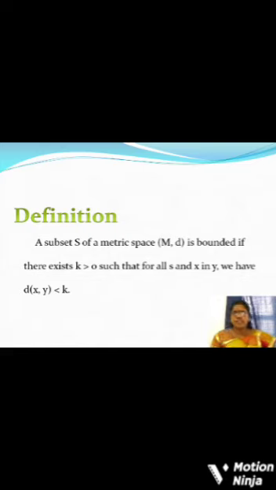If the set is bounded, then we can say the sequence is bounded. But here the boundedness corresponds to the metric. Here for a set we have to measure all the distances between any two points. If the distances are bounded by any particular value, then we can say the corresponding metric space is a bounded set.